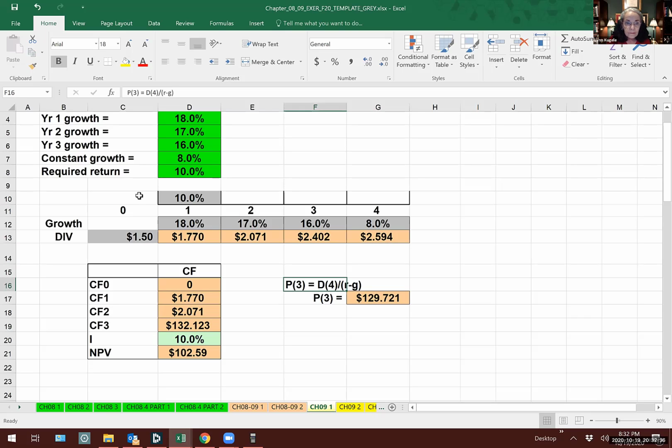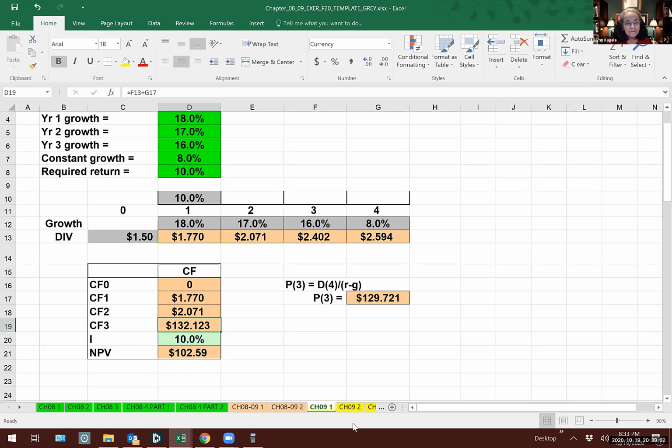But after that, you don't need D0 for anything, and you don't need D4 for anything else, because the value of D4 is impounded into P3. So D3 and P3 go together to make a 3. That's how it works. You better believe that's on the test. That's all I have to say.